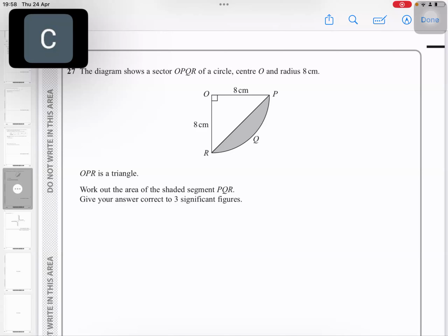Are you positive about the 16 pi? 16 pi. Oh, okay, 64 divided by 4. Yes, you're correct. So that's 64 pi divided by 4, 16 pi. 16 pi minus 32. Yes, you're right.